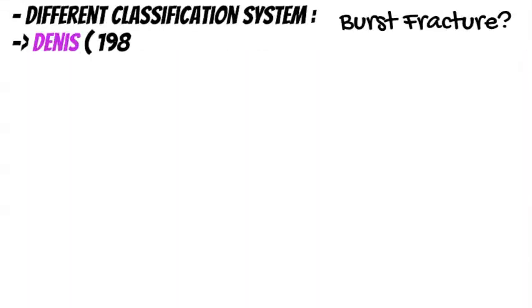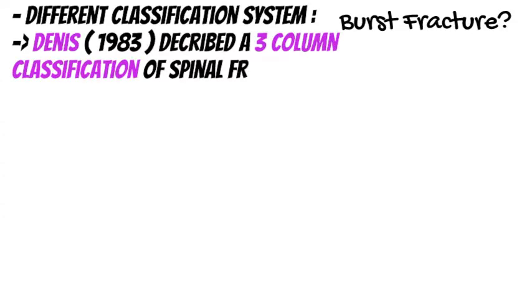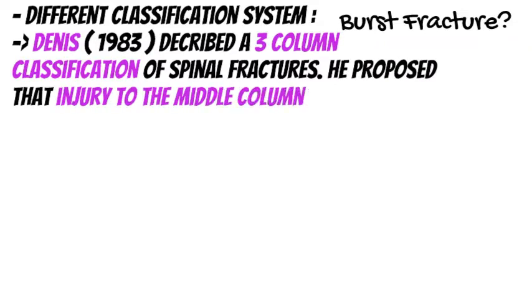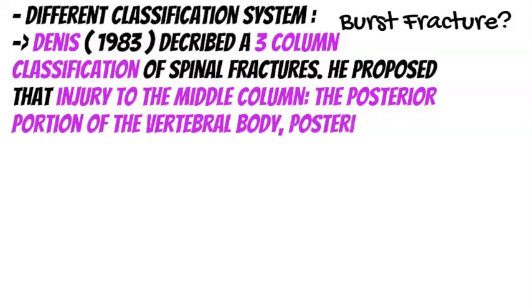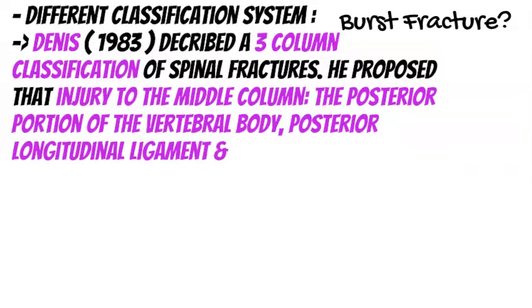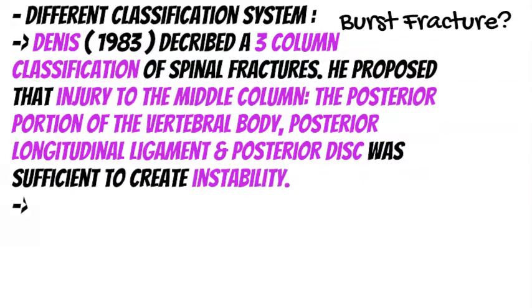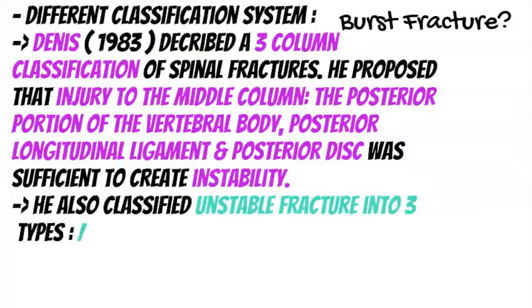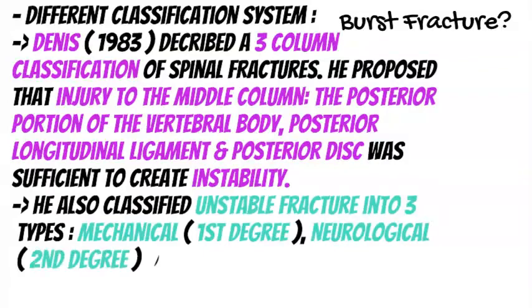There are different classification systems for burst fracture. We are talking about thoracolumbar. Denis, 1983, described a three-column classification of spinal fracture. He proposed that injury to the middle column, that is the posterior portion of the vertebral body, posterior longitudinal ligament (PLL), and posterior disc, was sufficient to create instability.